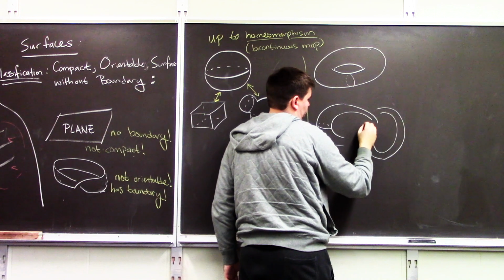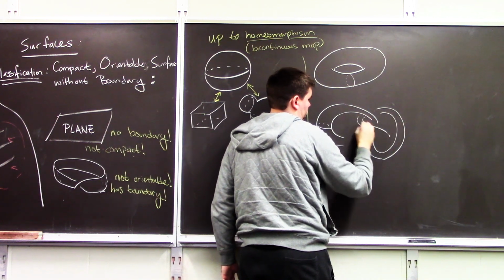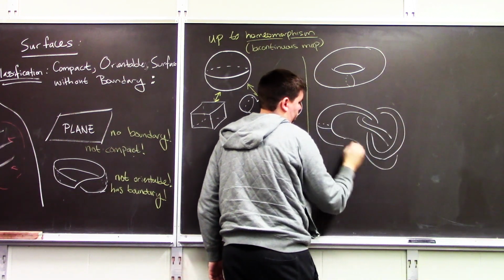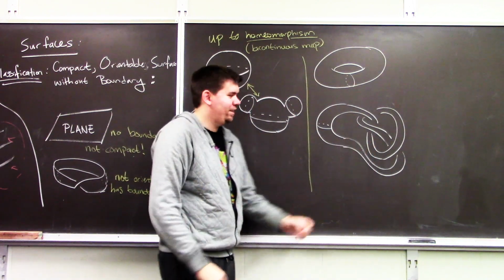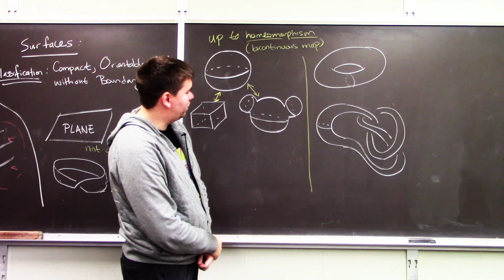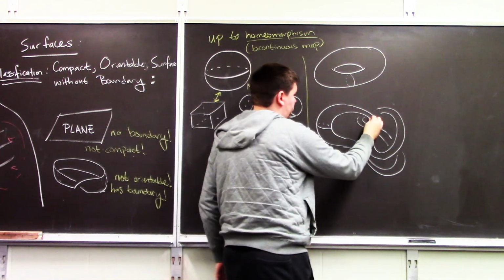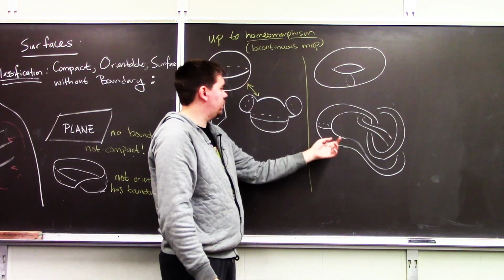Let's see if I've done this well. And as I knot it up, there we go. I've knotted up the torus. So yeah, it looks kind of crazy. But there's still a nice continuous way to move from the torus to here, right?